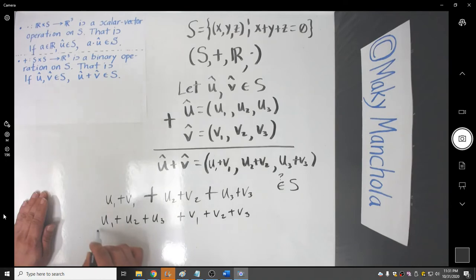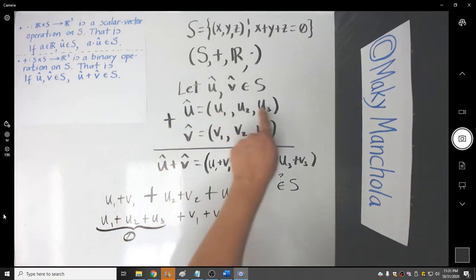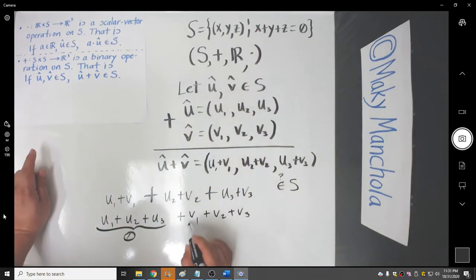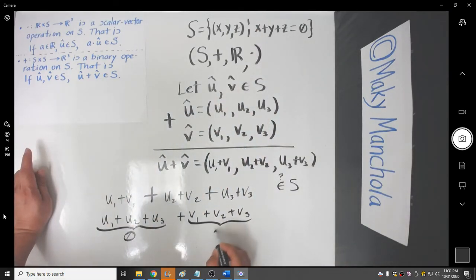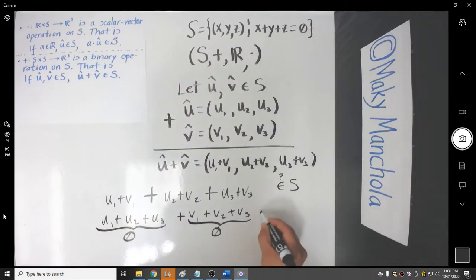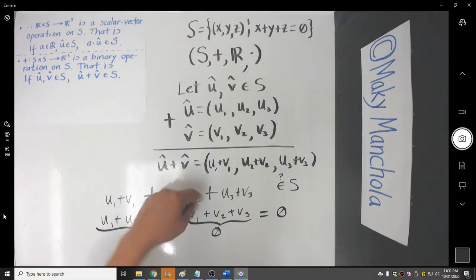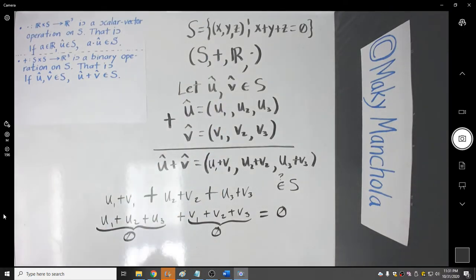Now observe that's 0 because u is in S. That second group is also 0 because v is in S. So we have succeeded at establishing that u plus v is also in S.